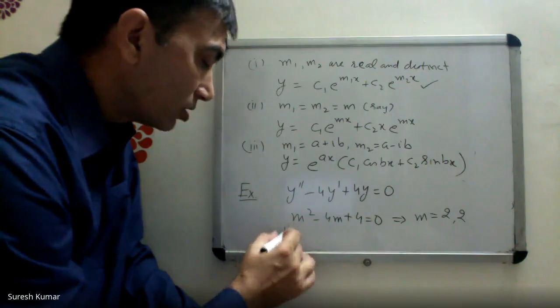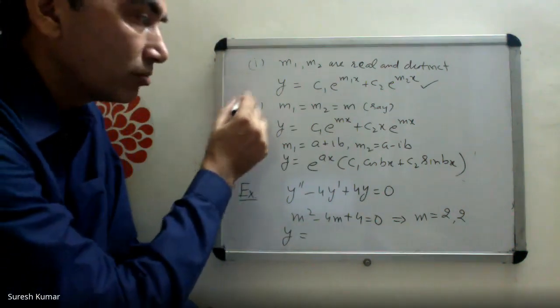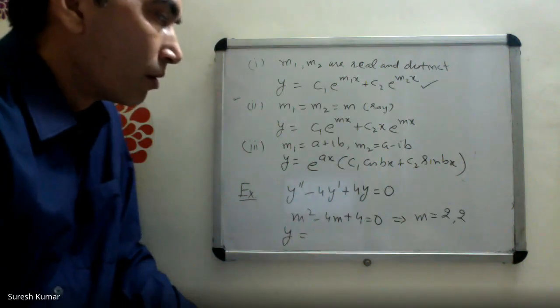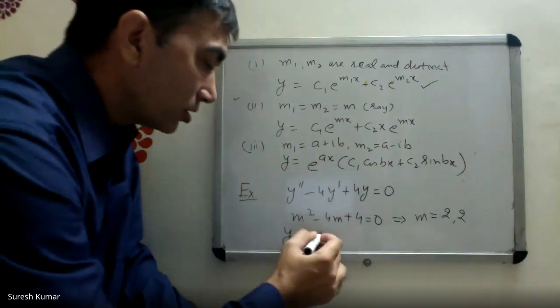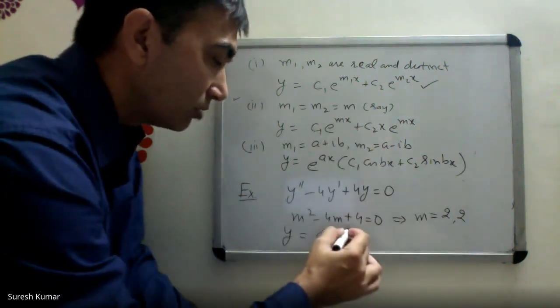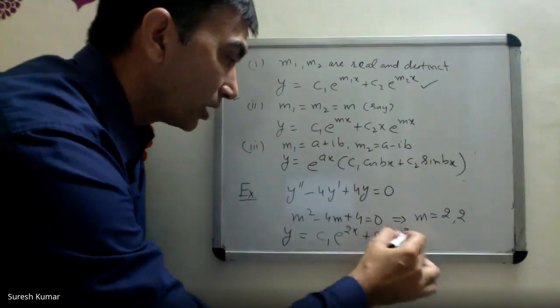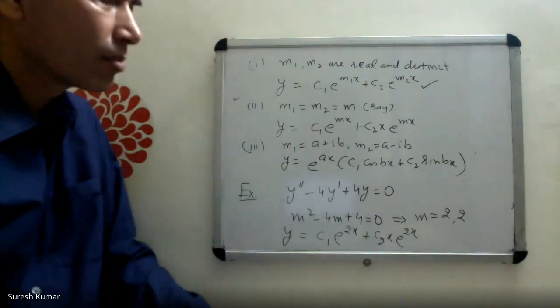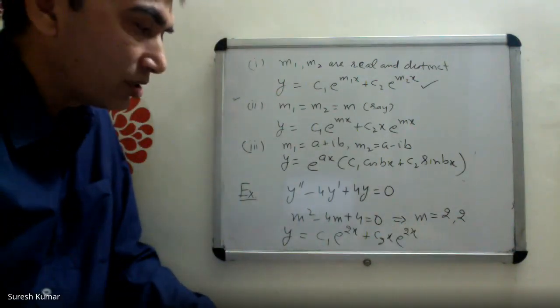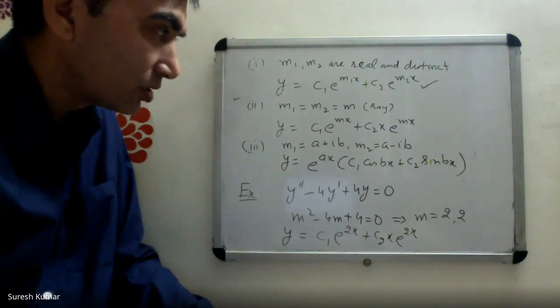So what is the general solution in this case? Which case is applicable? Second one. So the solution is c1 e^(mx) + c2 x e^(mx). m is 2 here. So c1 e^(2x) + c2 x e^(2x). So once you write the auxiliary equation, find the roots. After that it's easy. Just you should know this.